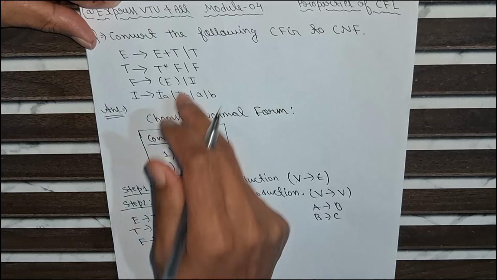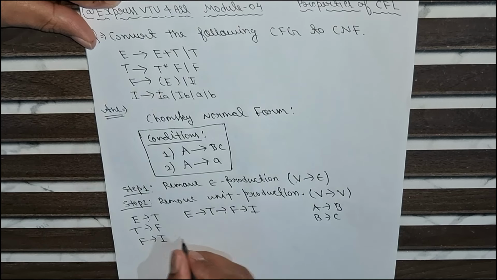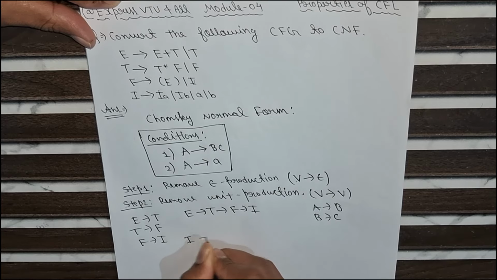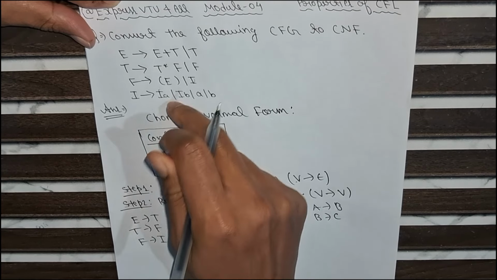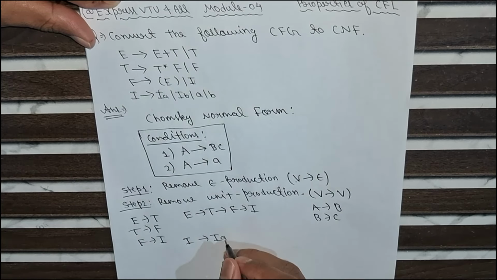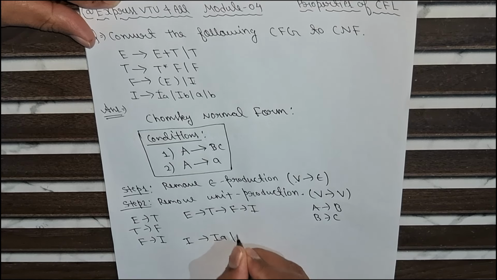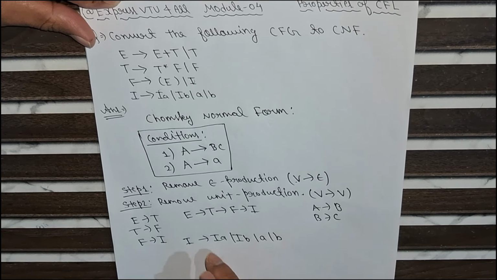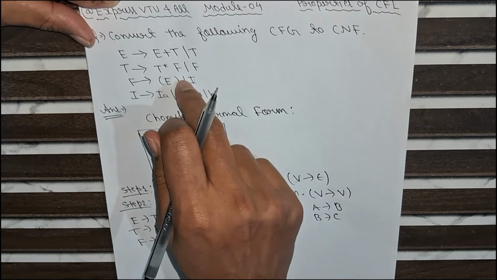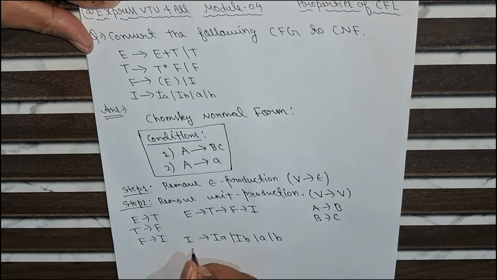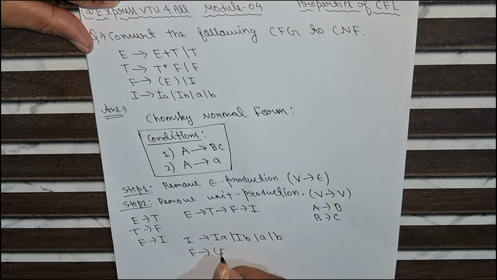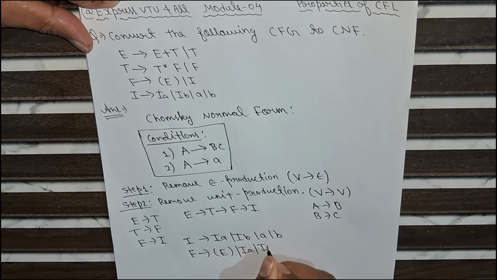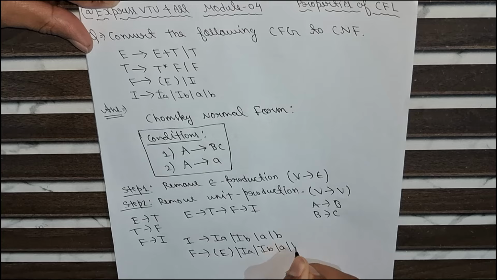So I becomes IA, IB, A and B. We are putting the value from downwards to upwards. Now I am putting this value of I in this production, so F implies E and this one is IA, IB, A and B.